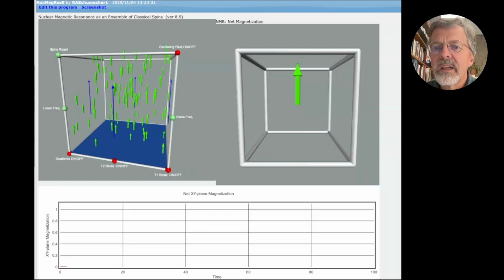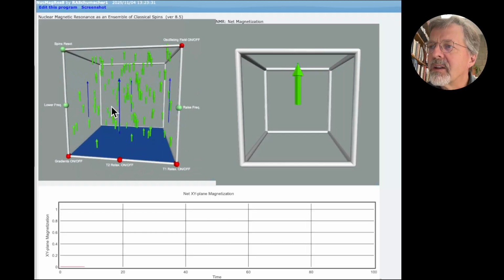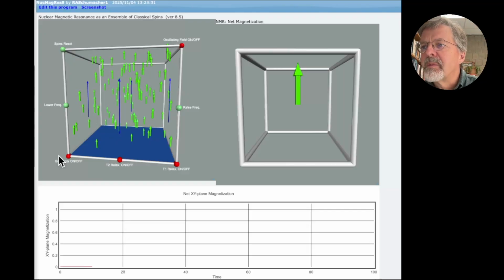So we start again with our system in its initial configuration with the spins all pointing up in the external magnetic field. All the spins are aligned, and to understand this spin-spin effect, allow me to not turn on the field gradients.